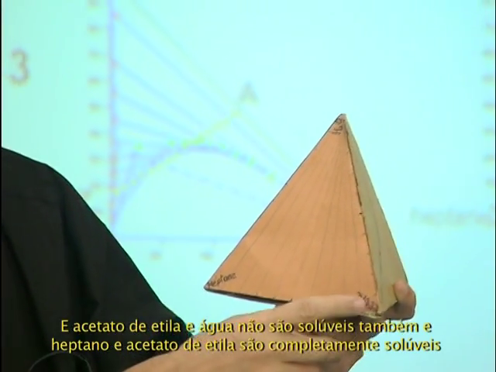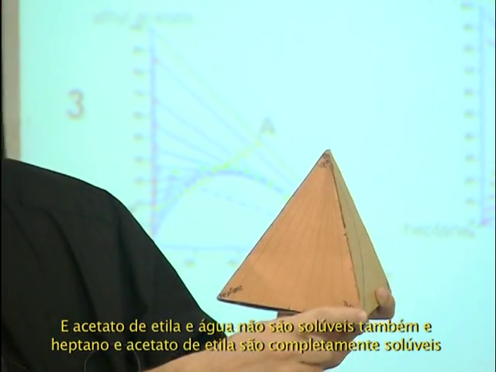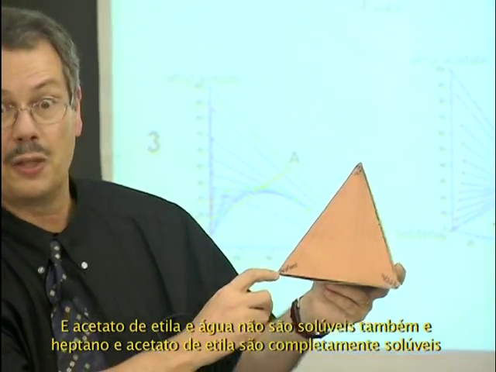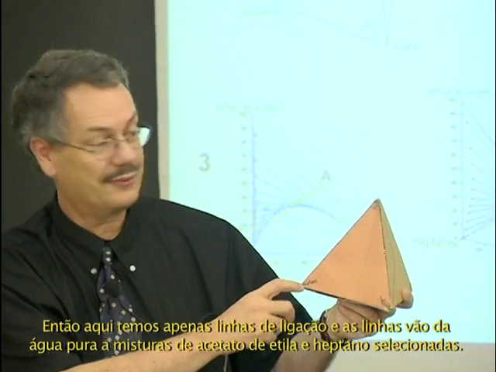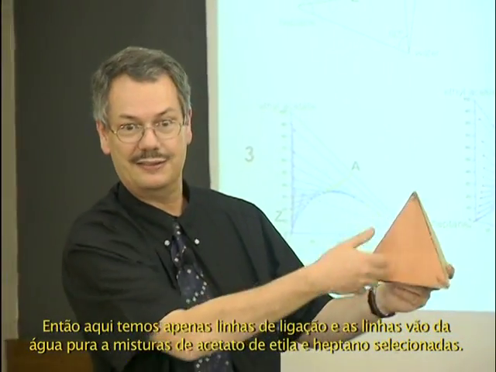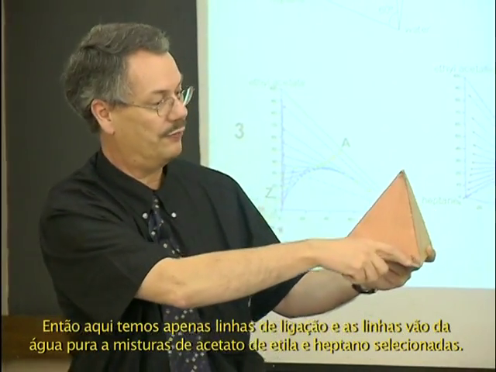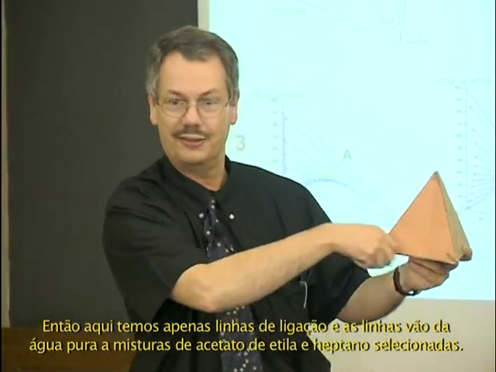And ethyl acetate and water are not soluble also, and heptane and ethyl acetate are completely soluble. So here we have just tie lines, and the tie lines go from pure water to the mixture of ethyl acetate and heptane you have selected.